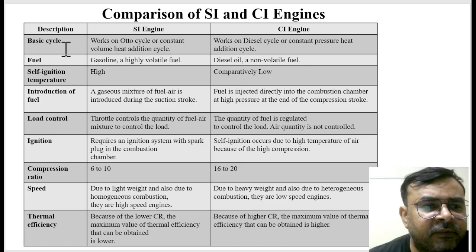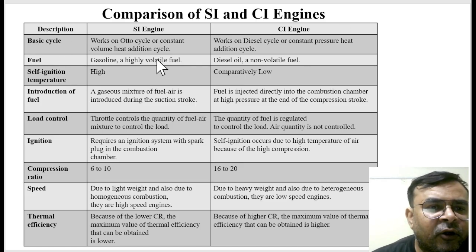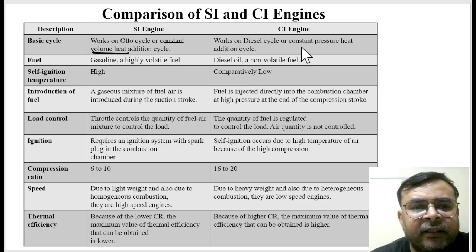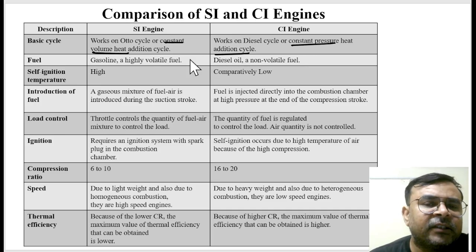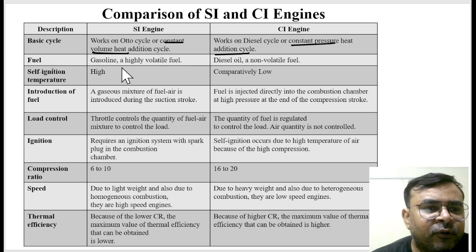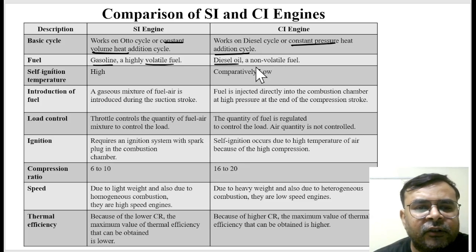On the basis of the basic cycle, the Otto cycle is a constant volume heat addition cycle, and this is called the constant pressure heat addition cycle. Heat addition means combustion of fuel. Next, fuel. We basically use gasoline, which is a highly volatile fuel, and diesel oil, which is a non-volatile fuel.